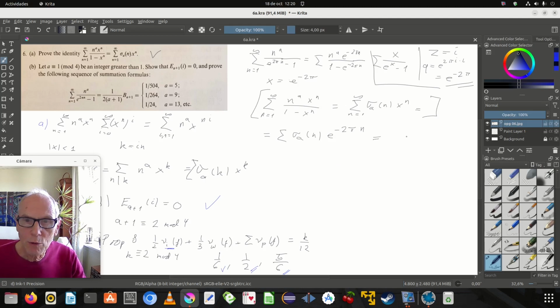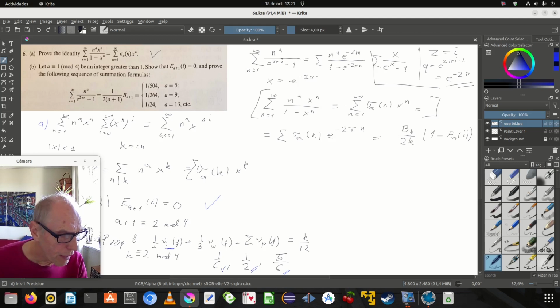So this equals 1 minus E_a of i times B_k divided by 2k. Where the k should be a plus 1.